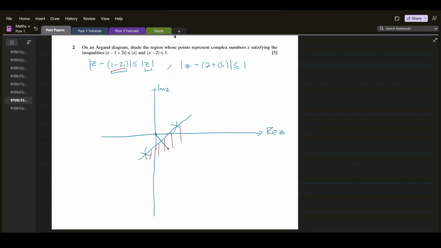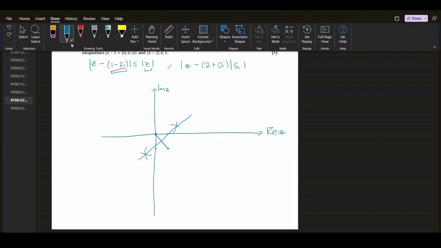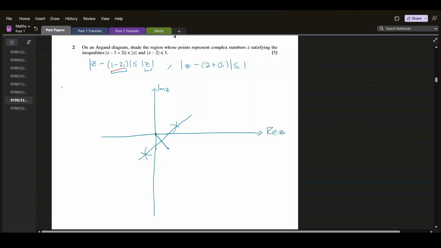So I'm just going to erase that so that we can draw our other inequality, and I'll draw it in red. So we've got our coordinates 2, 0. So this is 1, 2 would be somewhere here, 2, 0 is here.